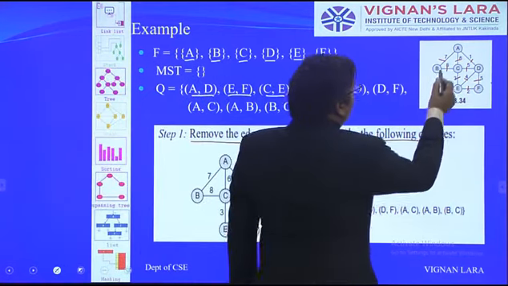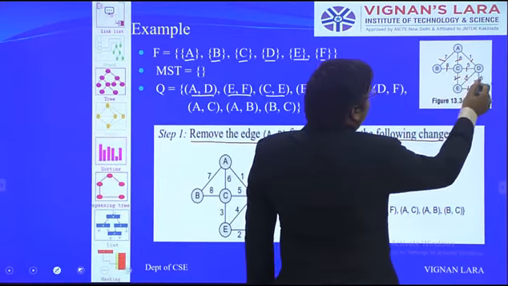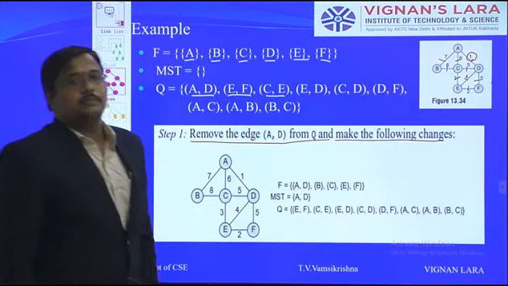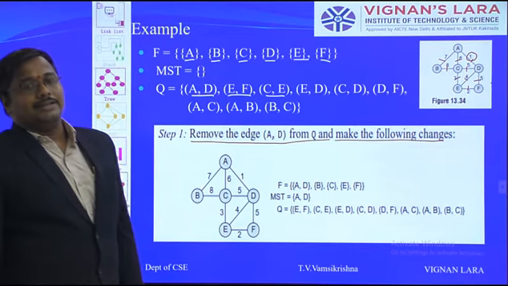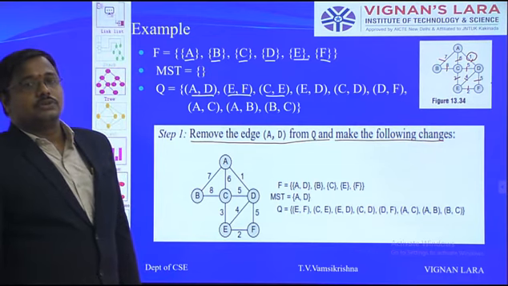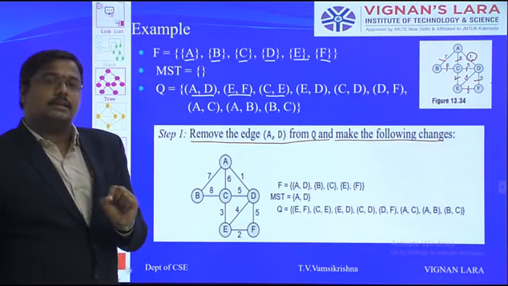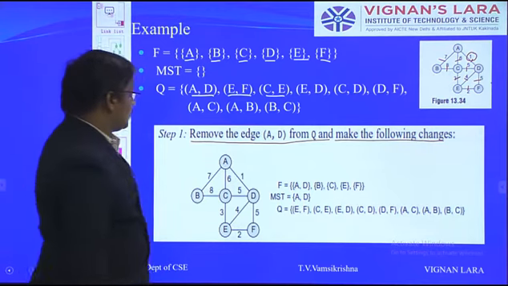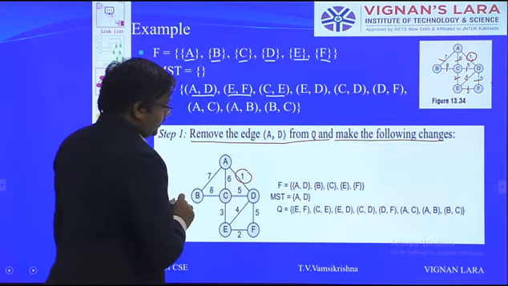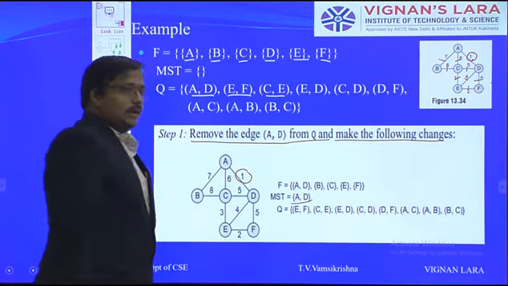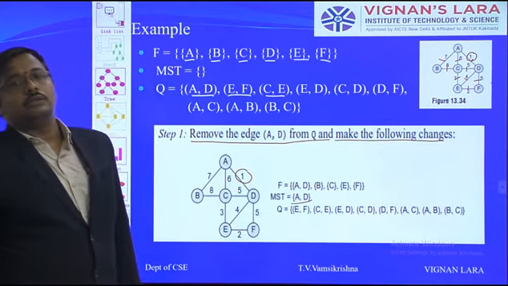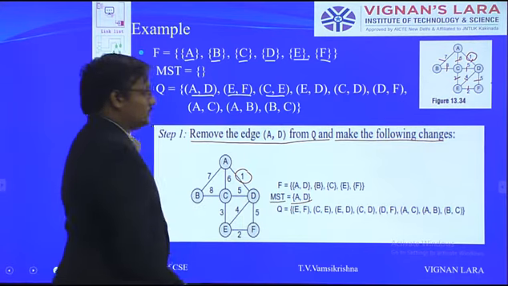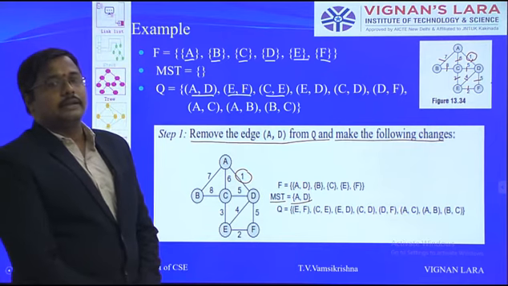Comparatively, of all the weights of edges, 1 is the minimum cost edge. So that's why we are selecting 1, and we are adding the A comma D edge to the minimal spanning tree set.